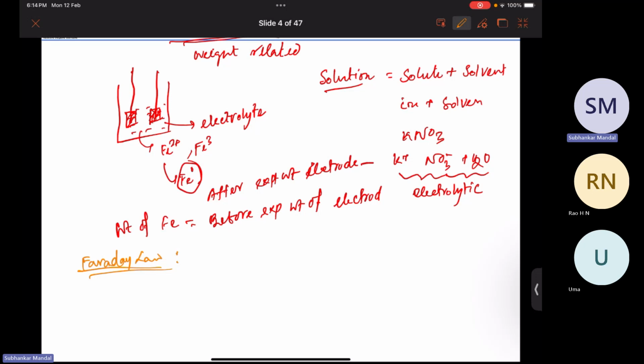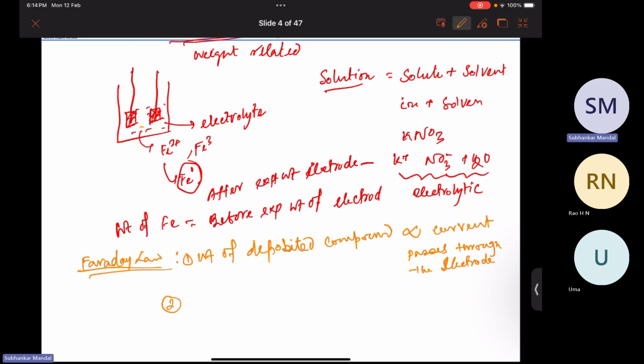That depends on how much current you are passing through the electrode. So the weight of the deposited compound is proportional to the current passed through the sample, or through the electrode. So that is one statement.